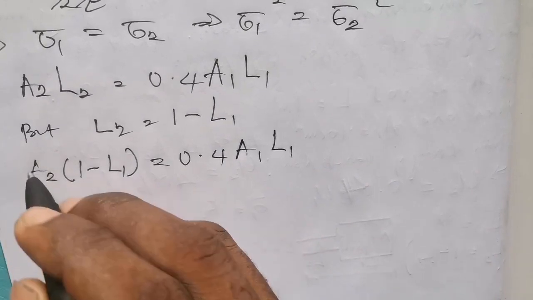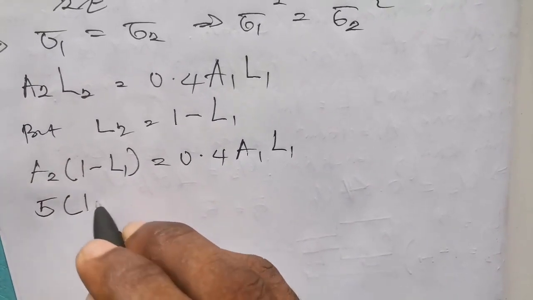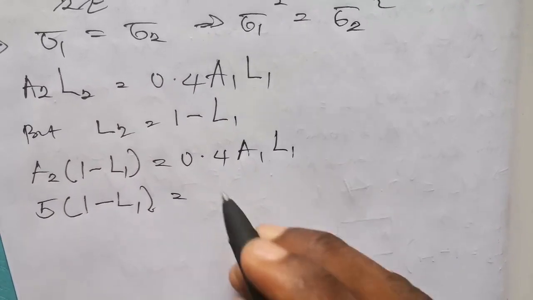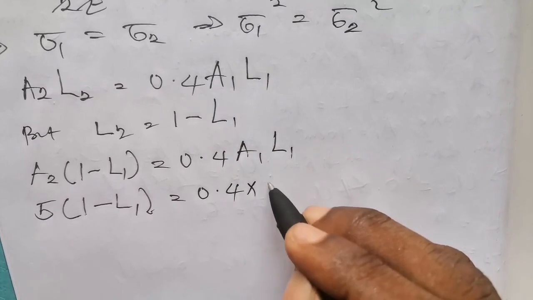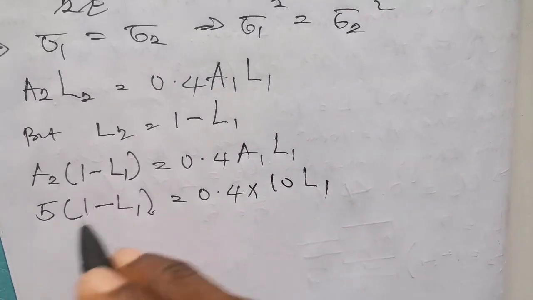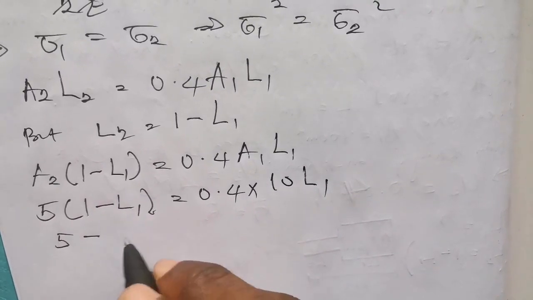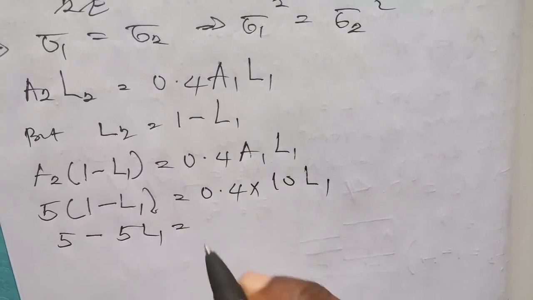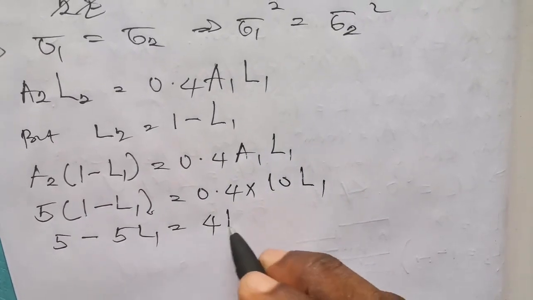So you have the area of the second portion, which is 5, multiplying 1 minus L1, and this is equal to 0.4 times the area of the first portion, which is 10, times L1. If we expand this bracket, 5 times 1 gives us 5 minus 5 L1, and this is equal to 0.4 times 10, which gives us 4 L1.